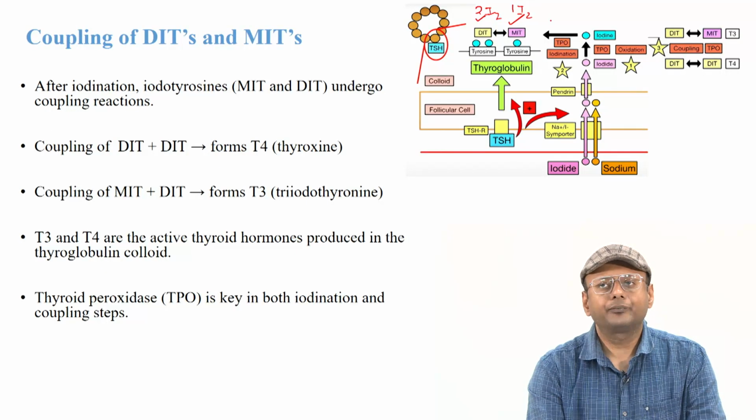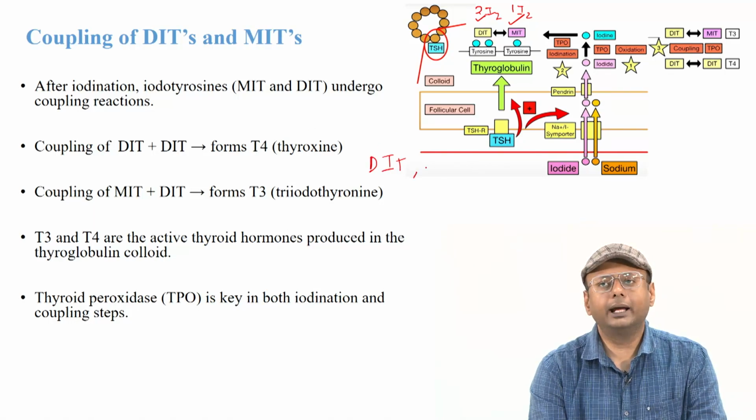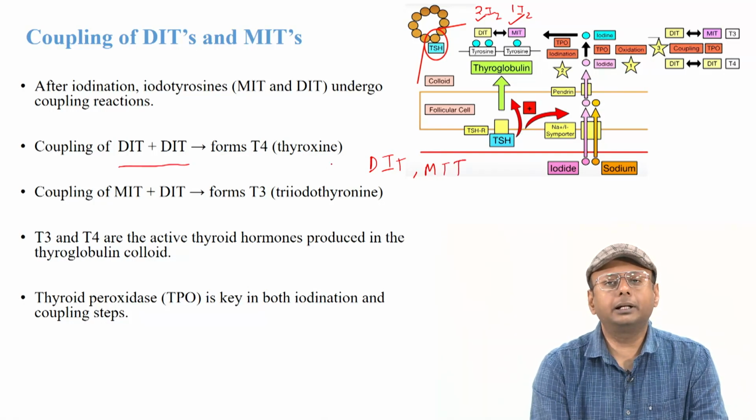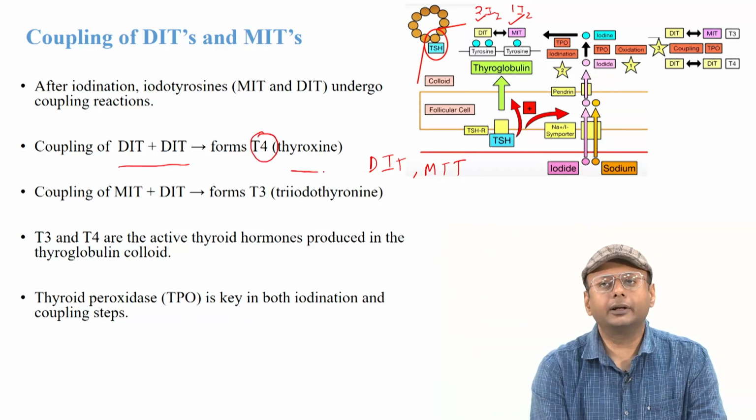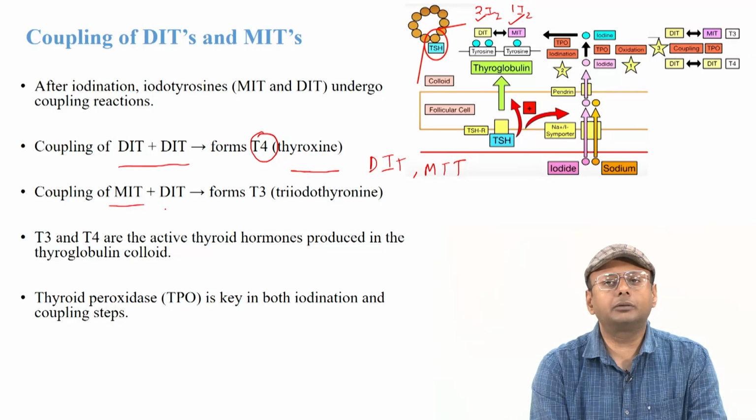So in this step, when the DIT and MIT form, the coupling reaction happens between them. For example, we have DIT and we have MIT. Now if two DIT get coupled, then we will get T4, the thyroid hormone or the thyroxine hormone, and if one molecule of MIT and one molecule of DIT get coupled, we will get T3, or triiodothyronine hormone.